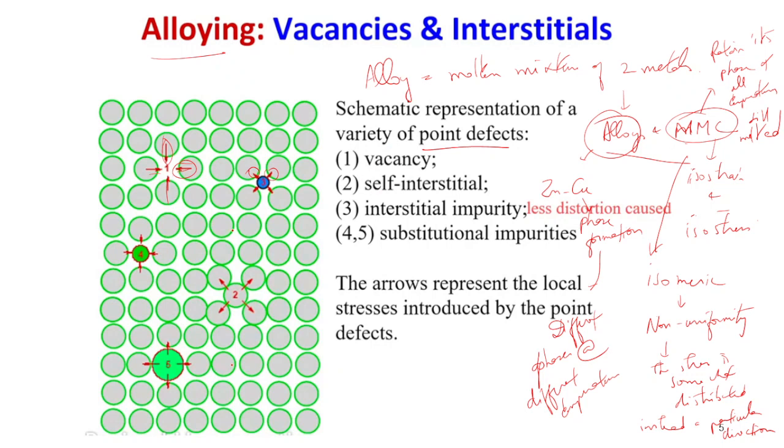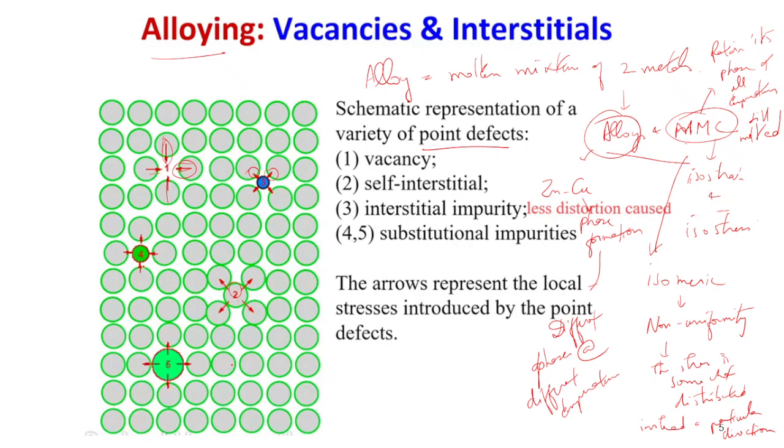Then let's come to number 2. Here there is a self-interstitial. Self-interstitial means the same atoms occupy some interstitial position, and that causes some force in the crystalline lattice. The third is the interstitial impurity, that is, external impurities that we add; if they come and occupy a position in the lattice, that is an interstitial impurity.